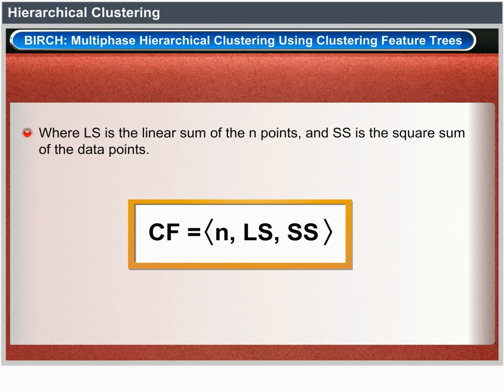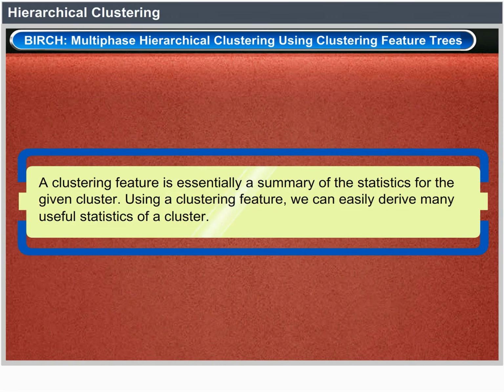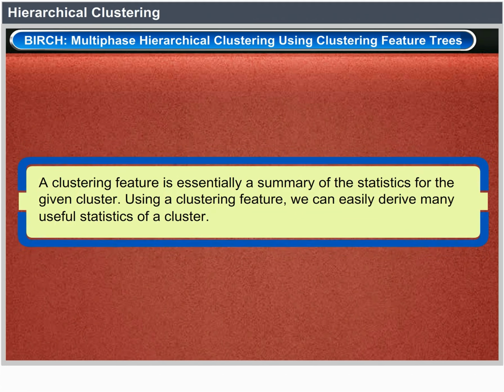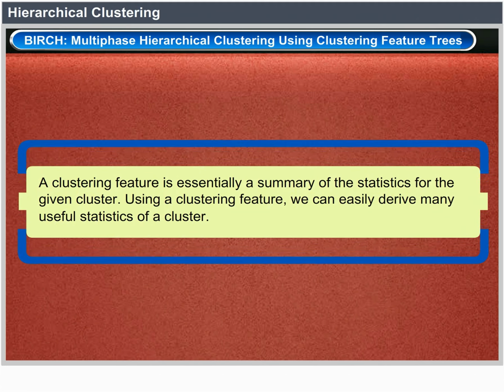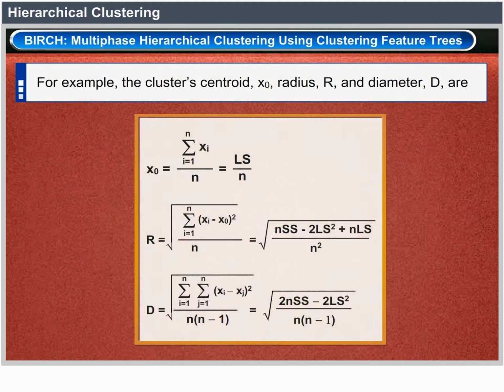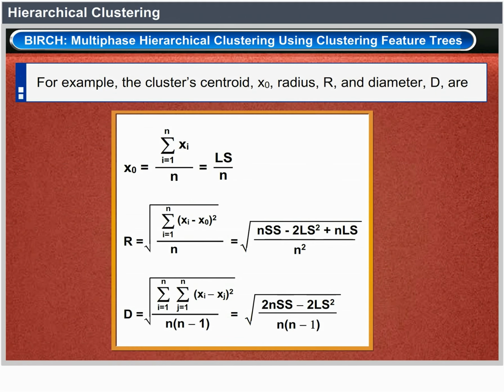A clustering feature is essentially a summary of the statistics for the given cluster. Using a clustering feature, we can easily derive many useful statistics of a cluster. For example, the cluster's centroid x0, radius R and diameter D can be represented as shown on the screen.